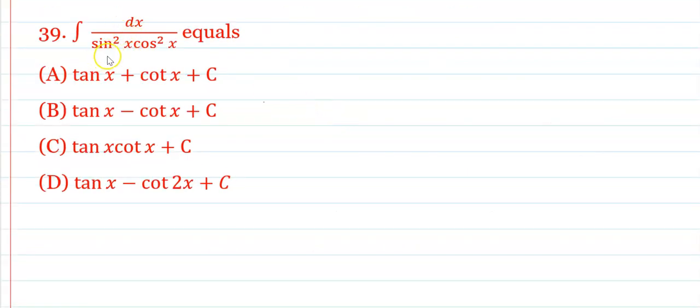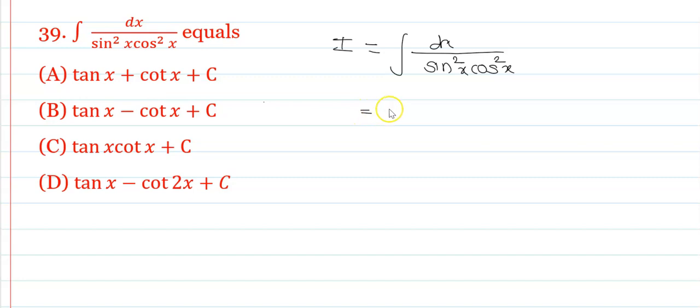Now the next multiple choice. Now the next integral, dx upon sin square x into cos square x. We'll solve this. I is equal to integral dx upon sin square x into cos square x. Okay. Therefore, here the integral is dx upon sin square x into cos square x.